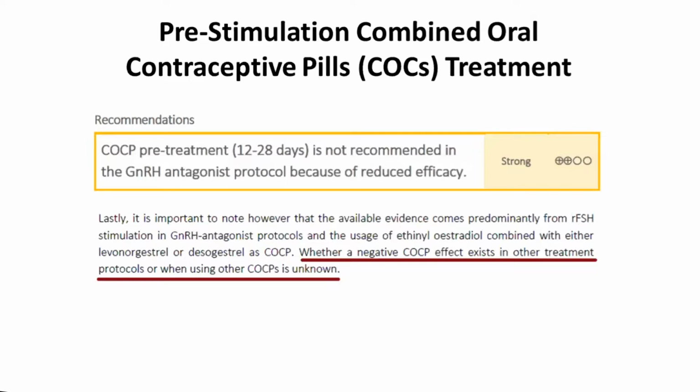If we are to use the combined oral contraceptive pills, it's better not to use them before antagonist protocol because it is associated with reduced pregnancy rates, but they can be given before long agonist protocols.